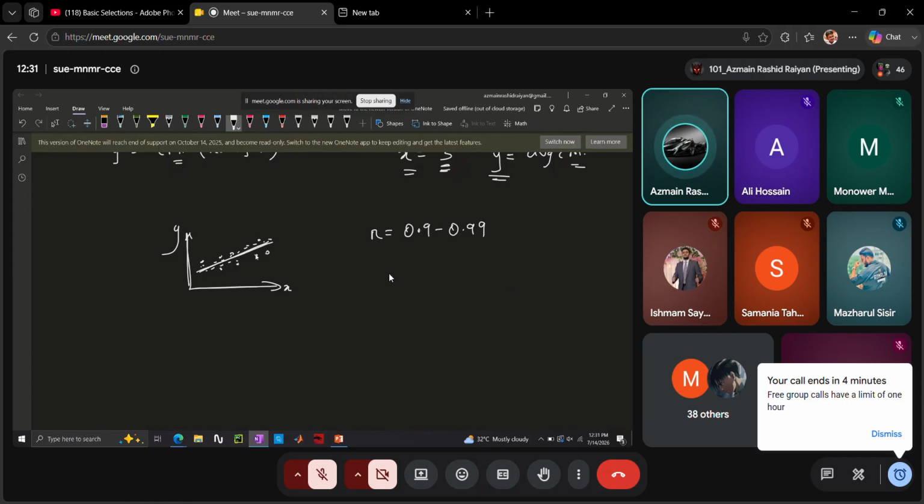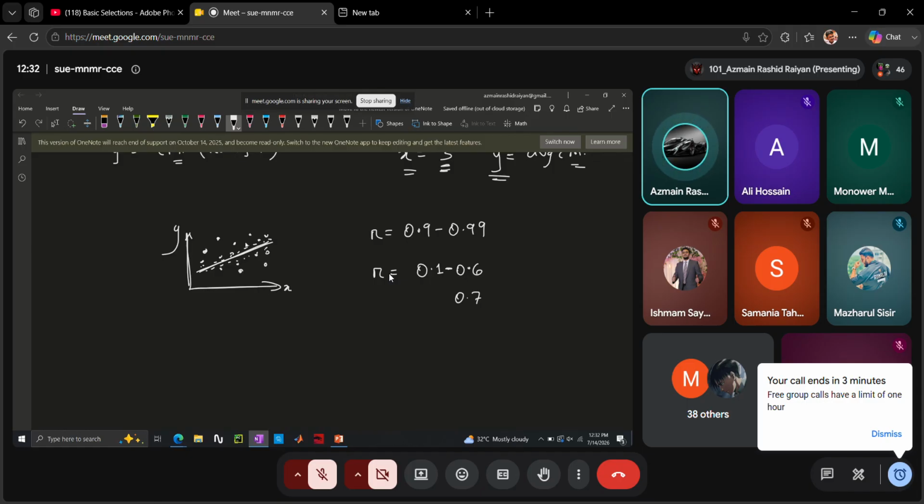The actual points will be very close to the regression model. On the contrary, if the correlation coefficient is very low, let's say 0.1 to 0.6 or 0.7, then there will be plenty of variance. The points might be somewhere here, someone might be here, someone might be here. So you will see that the difference is vast.